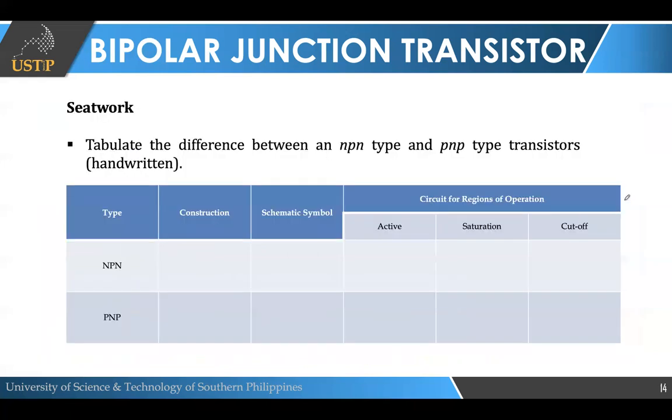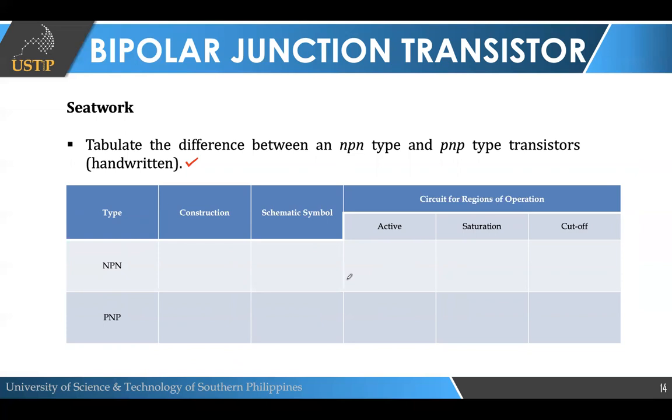So this is gonna be your Seatwork. You need to tabulate the difference between an NPN type and PNP type transistor. You need to write, dili ko mosugot og naka-type na siya class. Dapat i-write gyud ninyo sa papel. So here I've already tabulated, pero if dili maigo sa inyong papel, then you can just tigi-tigon na lang ninyo pagsulat.